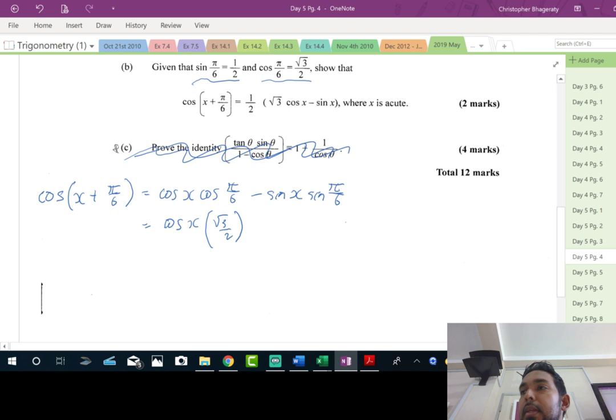right, so check this. Basically, if you multiply cos x by root 3 over 2, it's equivalent to multiplying root 3 over 2 by cos x, and then you have here. So all I'm doing is rearranging which is to the front and which is to the back.